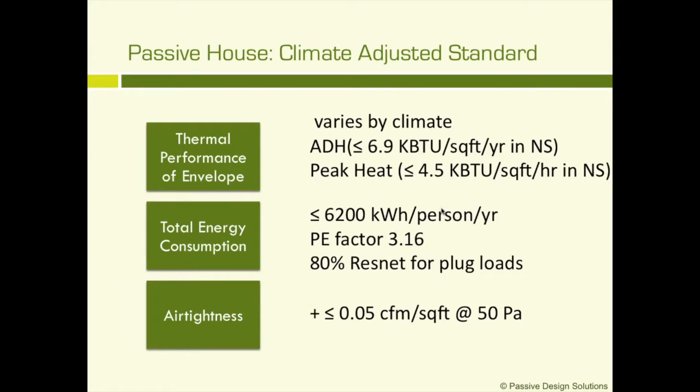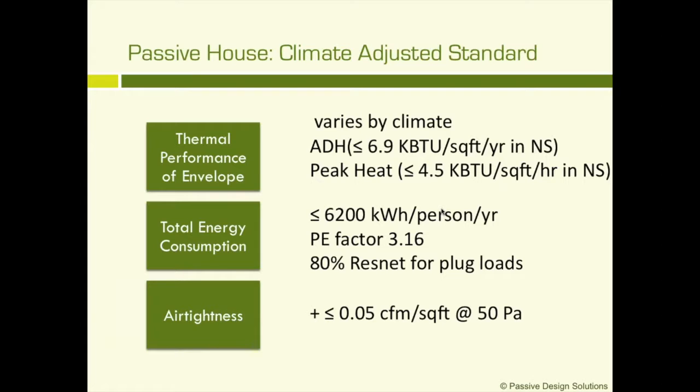So in Nova Scotia, the annual heat demand is now 6.9, and the peak heat load is 4.5, and you have to hit both of those targets for certification in the PHIUS climate-adjusted standard.